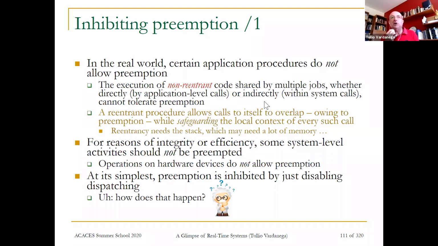So preemption occurs because we really fool the processor. We trick it. The processor, as was designed, not really by Turing, but by his mentor and at some point also supervisor, John von Neumann, was never meant to preempt.